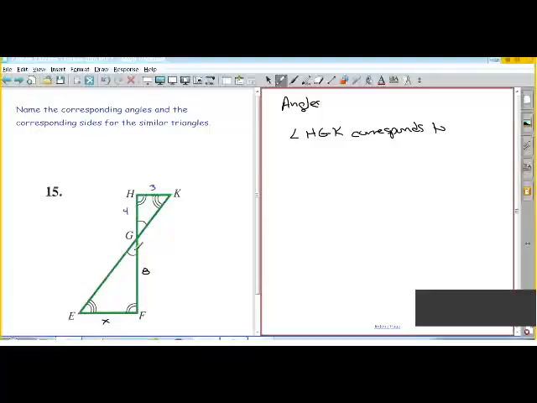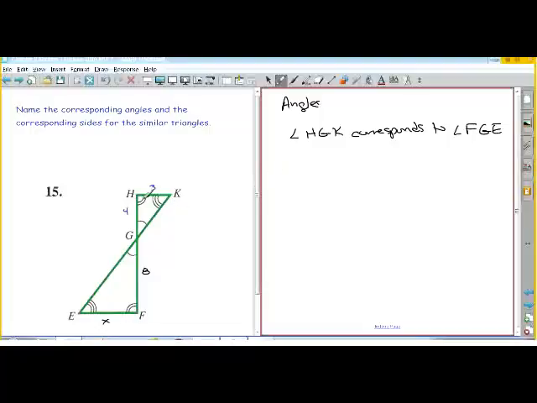So this angle corresponds to this angle. And I'm going to start with the letter that represents this 90 degrees. So I'm going to start at the corresponding point, H, in the other triangle, which is F. So that corresponds to angle FGE. So that's this angle, FGE, HGK.